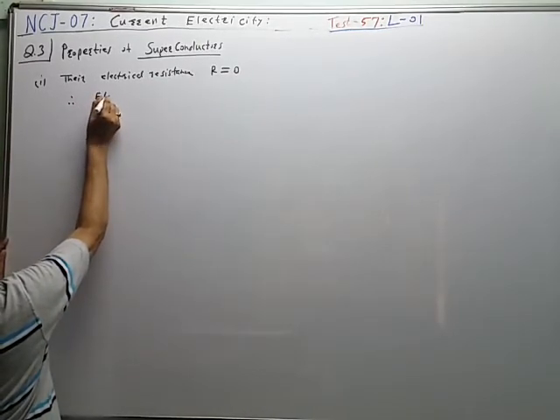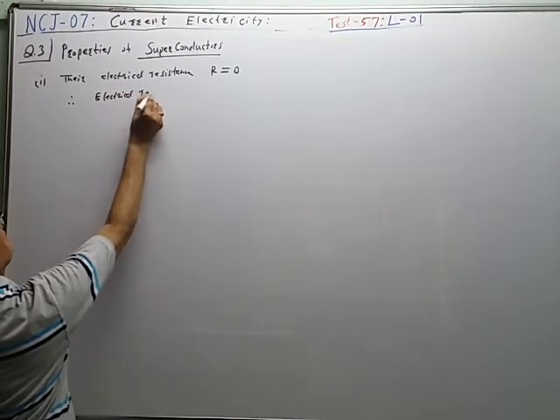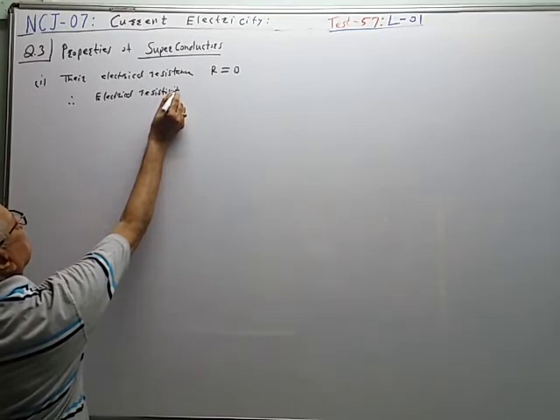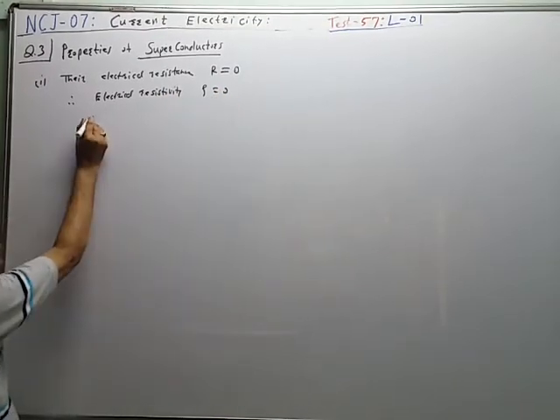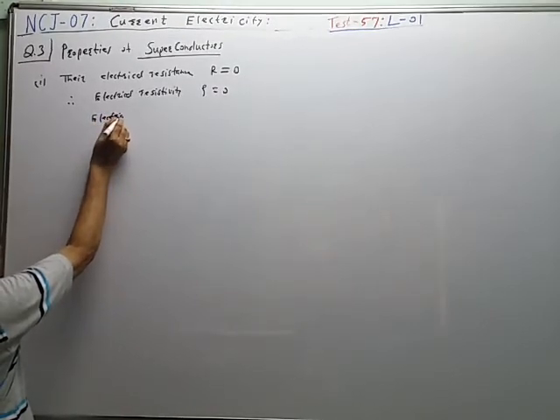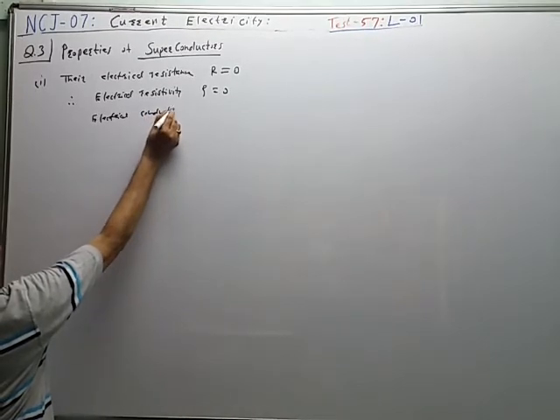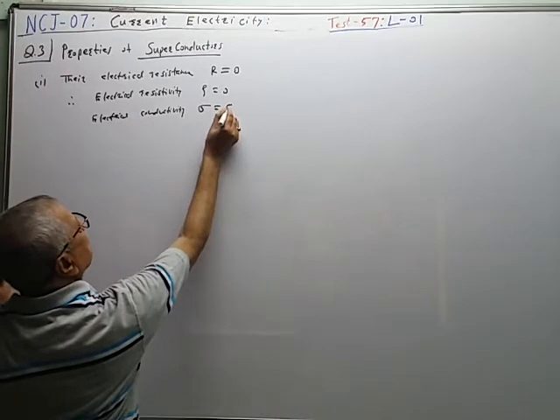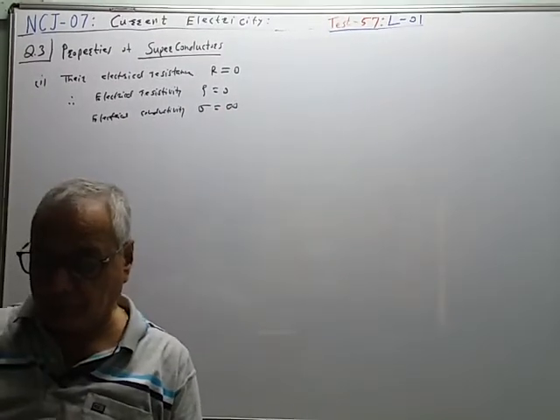Therefore, electrical resistivity rho is also zero. Electrical conductivity sigma is equal to infinity. Therefore, they are called a superconductor.